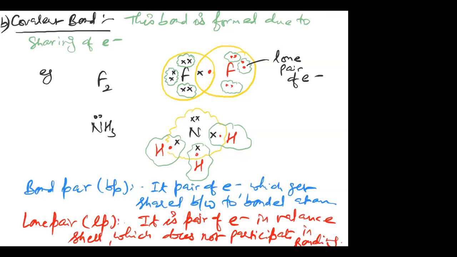Similarly, here, if you concentrate on nitrogen, these are the two electrons which are part of the valence shell of nitrogen, but do not participate in bonding. So it is also a lone pair of electrons. So the meaning of lone pair of electrons is the electron pair in the valence shell which does not participate in bonding. And obviously bond pair of electrons means the pair of electrons which get shared between two bonded atoms. Here, let's say I can take another example.